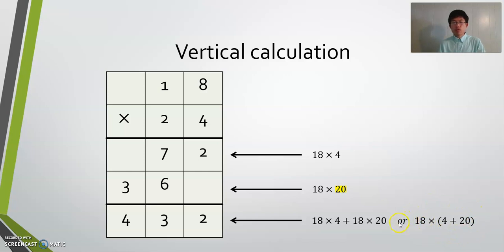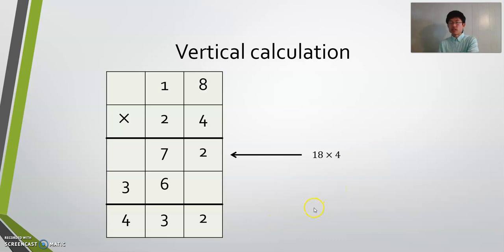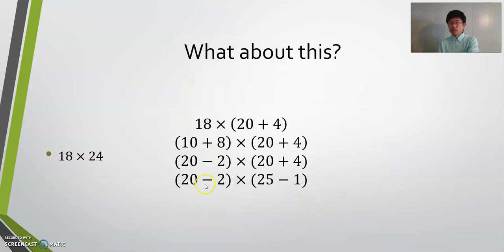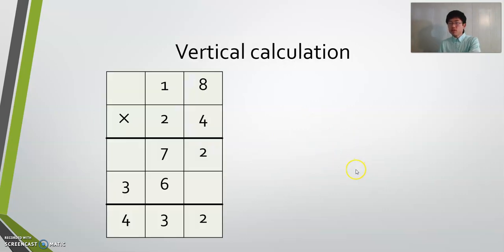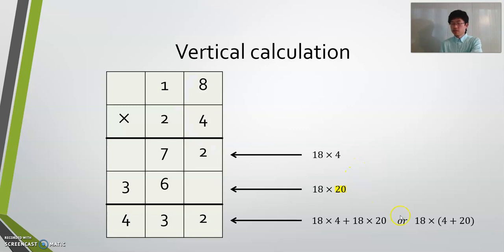The point I want to mention is that you've done this vertical calculation, and it is somewhat related to the things that I just showed, the splitting. You probably have not noticed it, but you have actually done it before. Surprising?